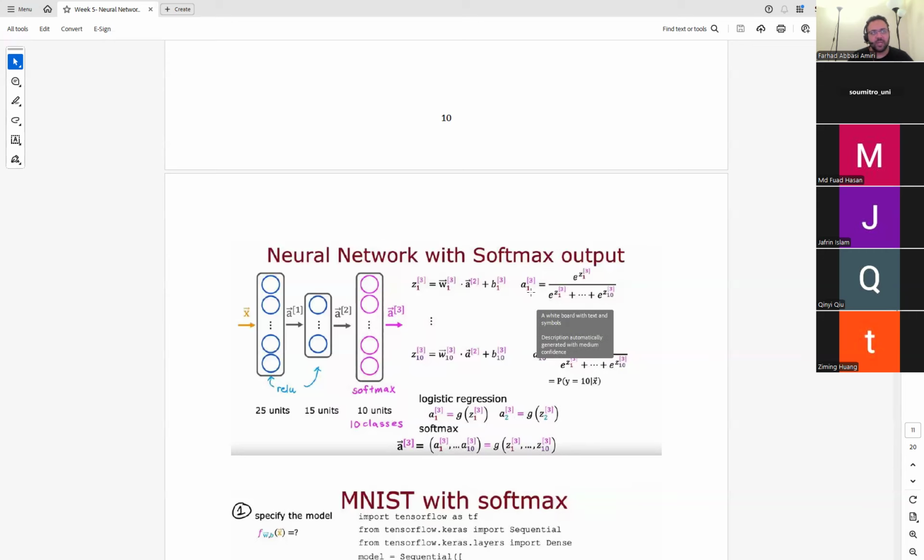Why? Because on each activation function, for example, this one is just for the first node, A1, of the output layer. But this A1 is a function of exponential of Z1, exponential of Z2, up to exponential of Z10. It's a function of all of them, all the Z's from 1 up to 10. But this is not seen in logistic regression, where the activation value of the first unit is just a function of Z1 and the activation of the second unit is just a function of Z2.